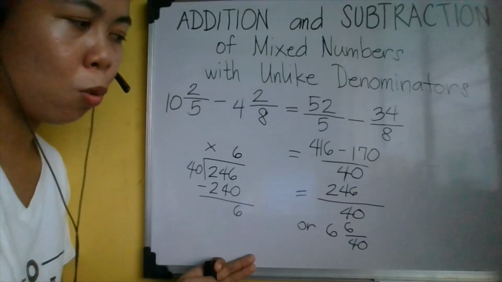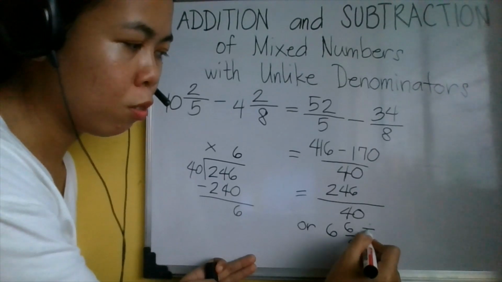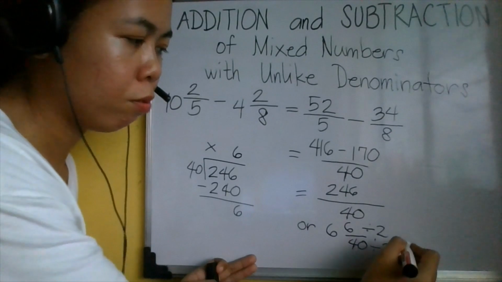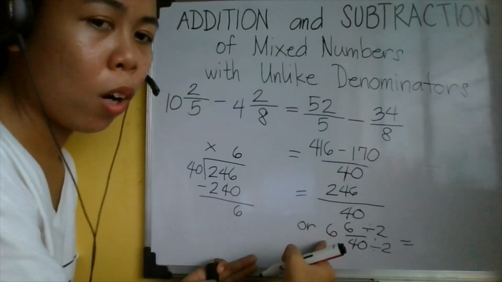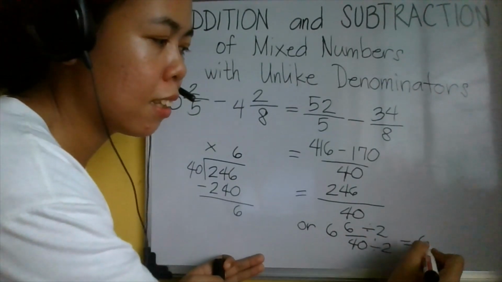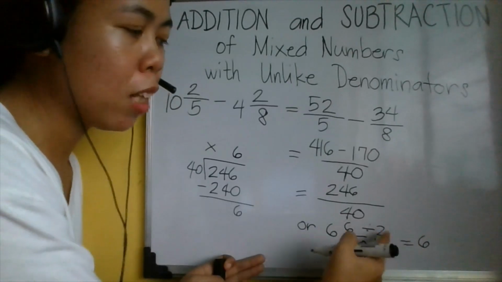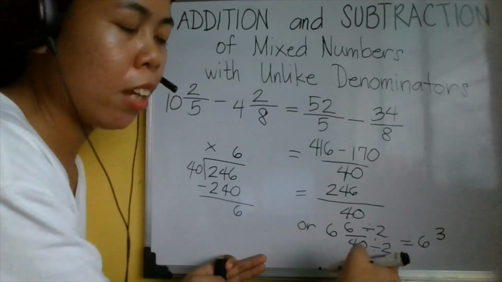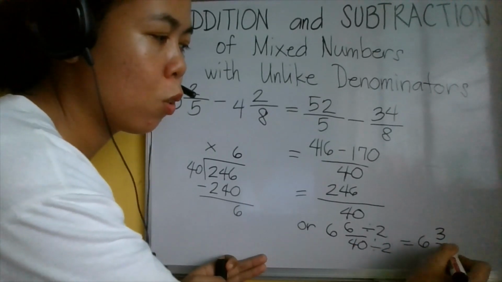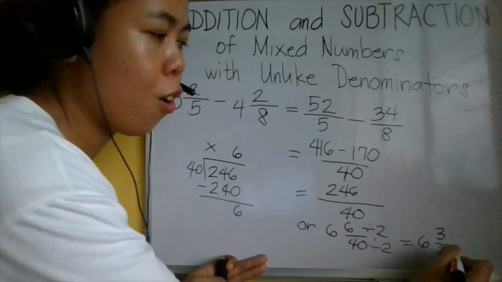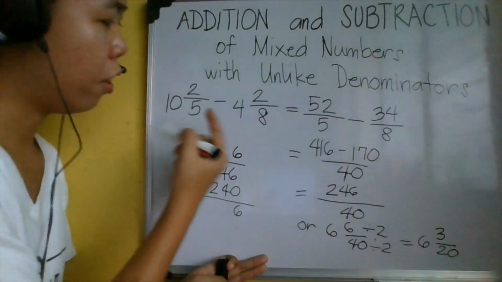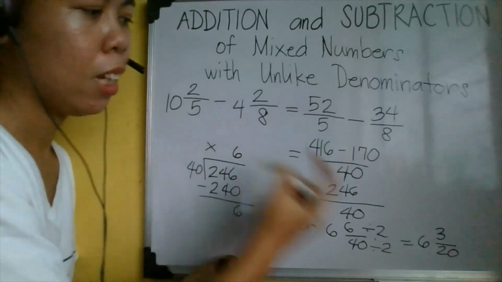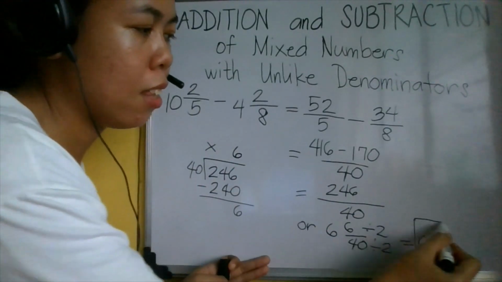So, divided by 2, copy yung whole number na 6. Then, 6 divided by 2, we have 3. 40 divided by 2, we have 20. So, therefore, yung difference ng 10 and 2/5 and 4 and 2/8 is 6 and 3 over 20.